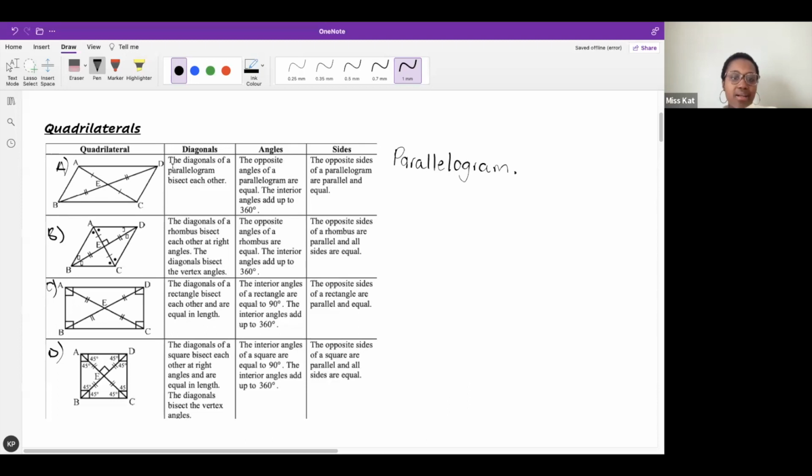Okay, diagonals of a parallelogram bisect each other. What does that mean? Does anyone know what that means when we say they bisect each other? Yes, Chi-Chi.